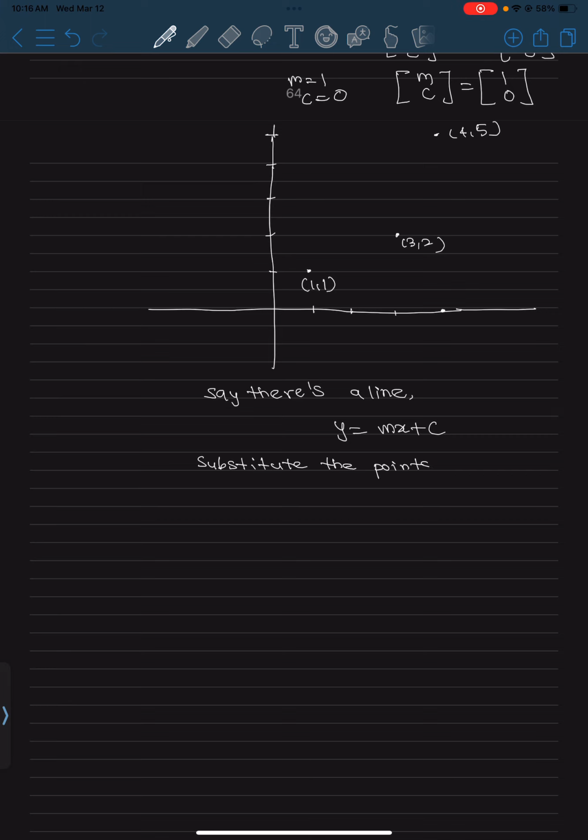What we get is 1 equals m plus c. Again, substitute 3 comma 2: y is 2, x is 3, so 2 equals 3m plus c. And substitute 4 comma 5: 5 equals 4m plus c.